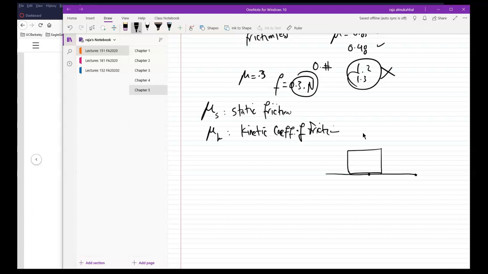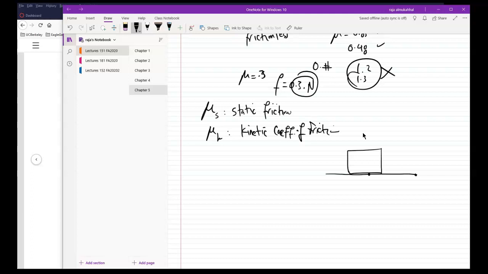Have you noticed that when you are about to push the sofa, you push harder until it moves, but once it gets moving, it's kind of easy to push? In other words, you don't exert as much force on it. Or if you have a car that doesn't work, I don't know if you ever pushed a car, it's always hard to get the car to move, but once it gets moving, it's actually easy to keep it going.